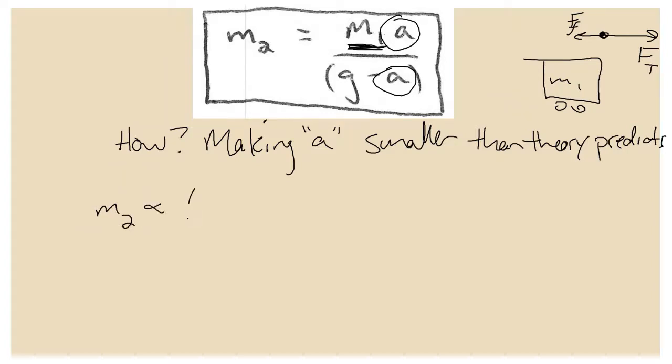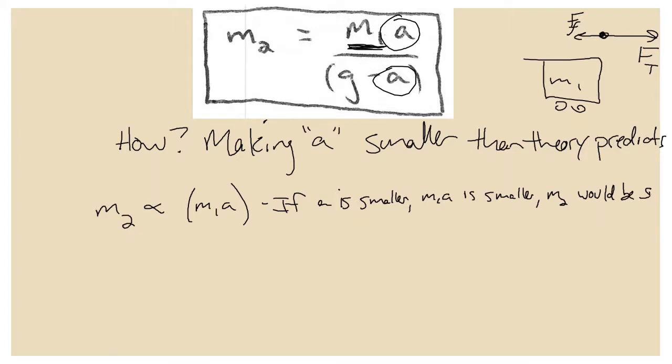M2, according to this equation, is proportional to the product of M1 and A. And so what we can say here is that if A is smaller, M1A is smaller, and because M1A is proportional to M2, M2 would be smaller.